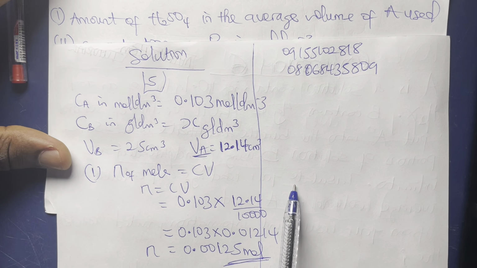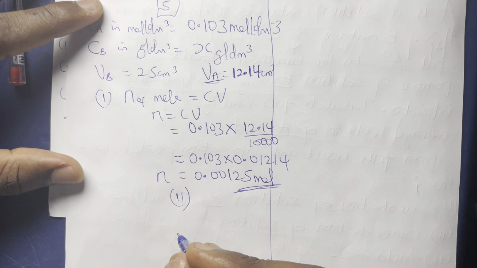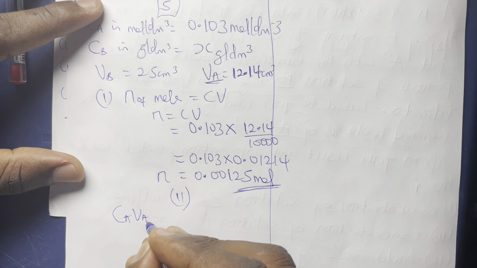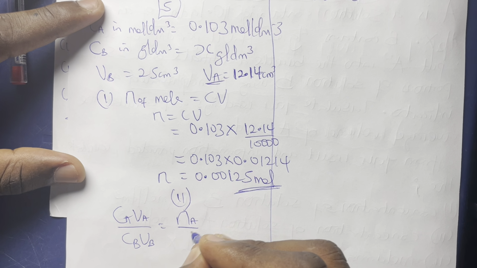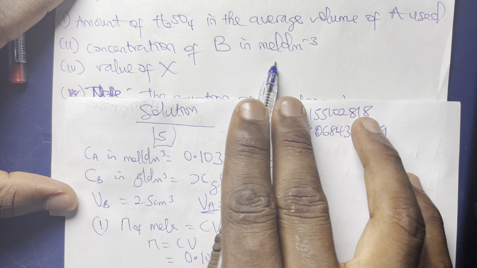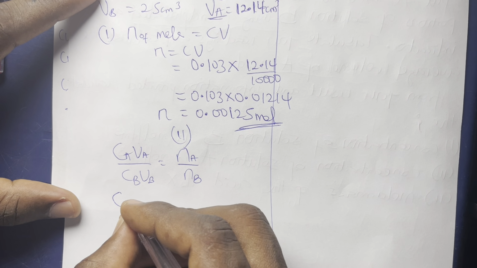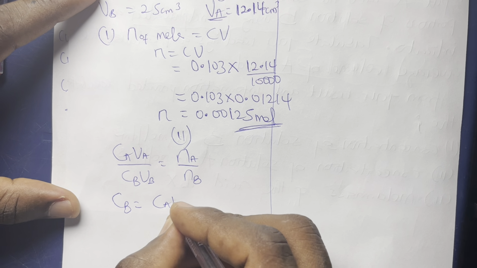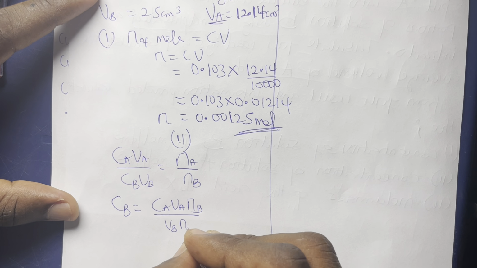For number 2 we'll be using CAVA over CBVB equals NA over NB. We are looking for CB, the concentration of B in mole per dm cube. So CB equals CAVANB over VBNA.